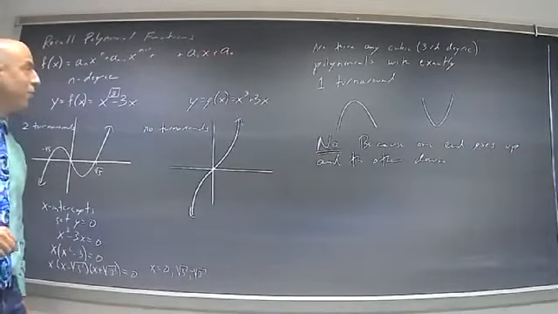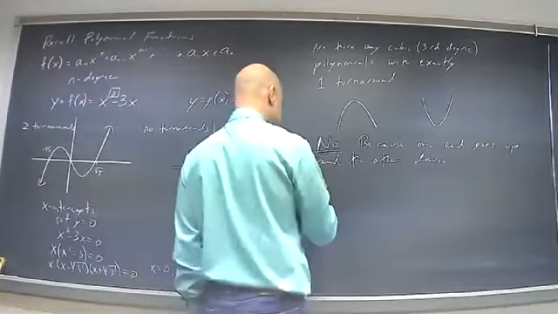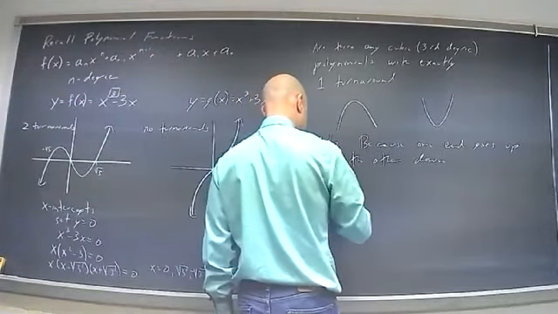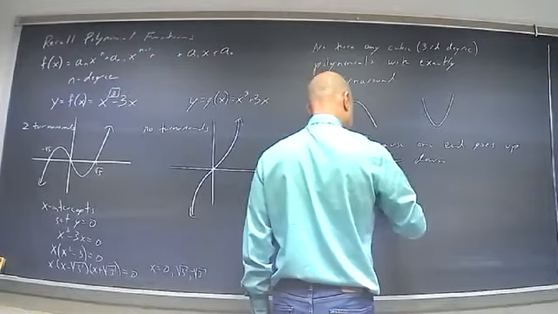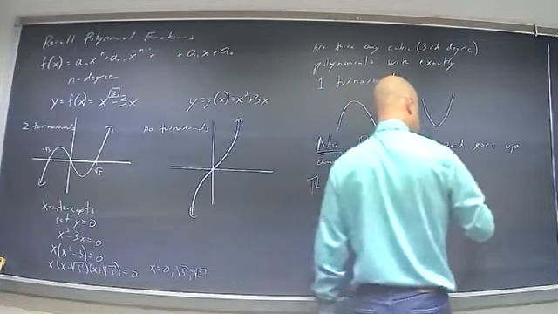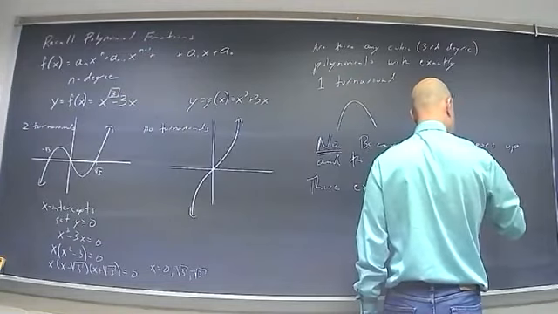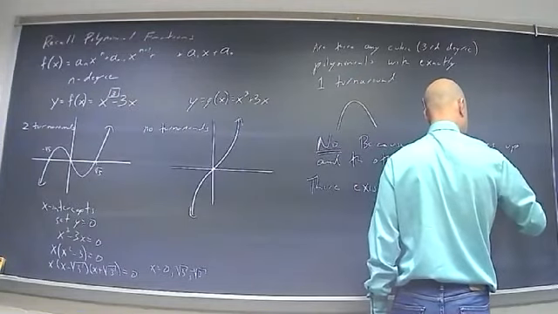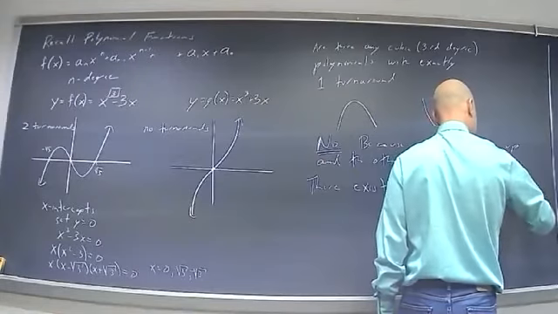Let's say I have a fourth degree polynomial. So there exist quartic, fourth degree polynomials. Fourth degree, that's what quartic means.